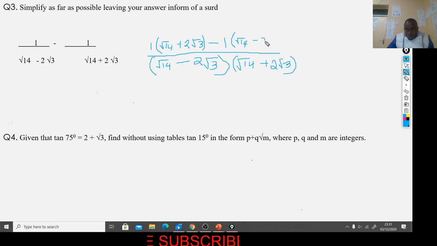So this gives you 1 times root 14, root 14, plus 2 root 3, that is 1 times 2 root 3, then minus root 14, that's 1 times that gives you root 14.